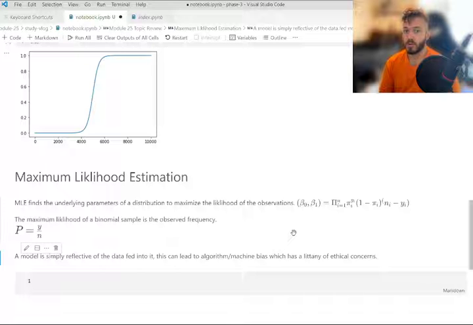This is particularly problematic when you're dealing with binomial data like this. So, yeah, that's maximum likelihood estimation. Just be really careful about the data that you source and how you deal with the data, and be aware of any biases that might inadvertently occur in your model.